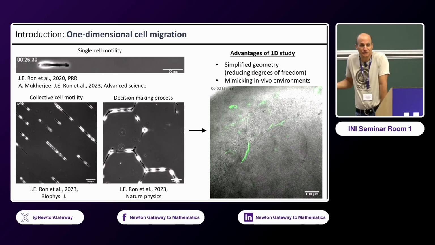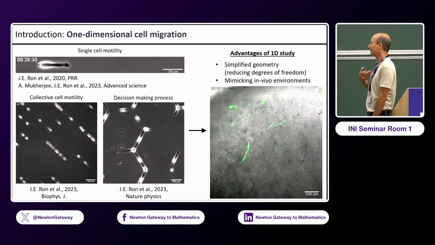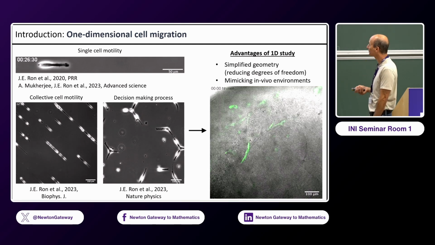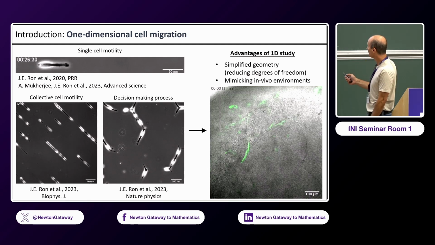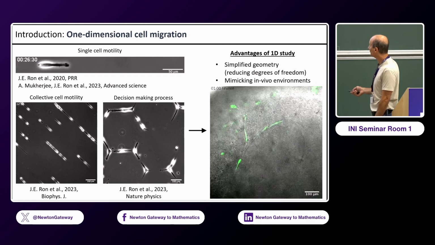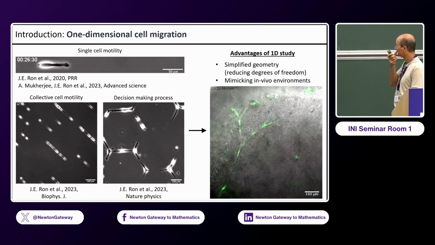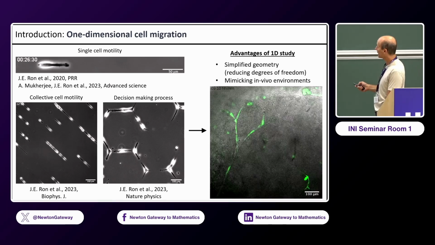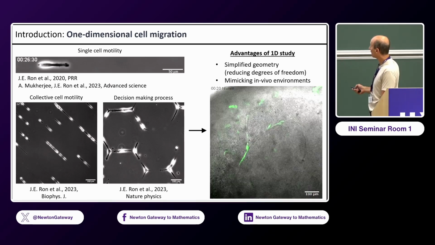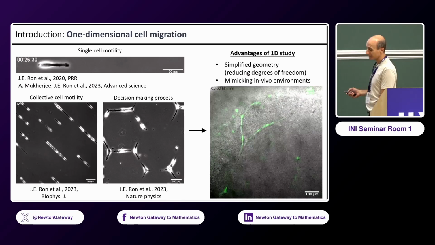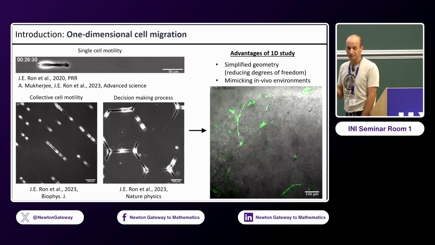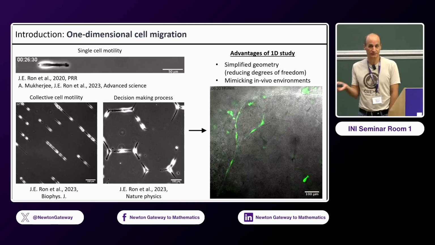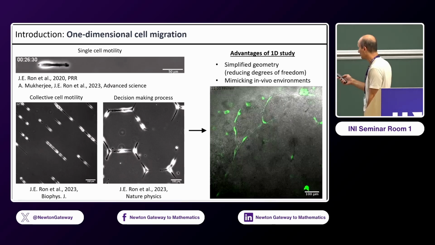Now, what's the motivation for that? Why are we doing all this? Well, I'm not doing the experiments, I'm doing the theory, but why are people looking at that? The motivation is that things like that actually do happen in the body. In this case, you see some blood vessels, and the green objects are glioblastoma, brain cancer cells, a terrible disease, unfortunately.